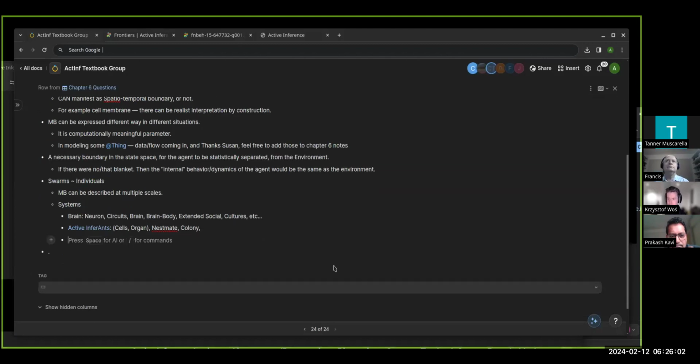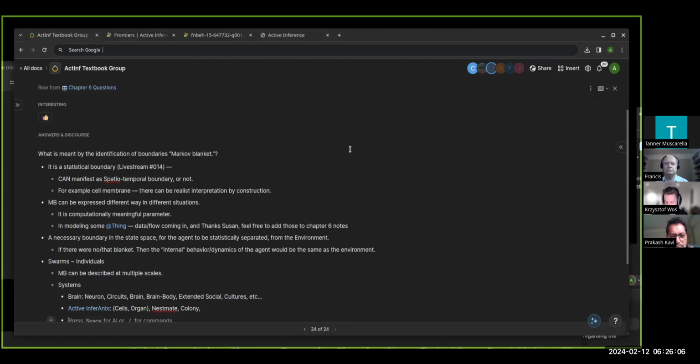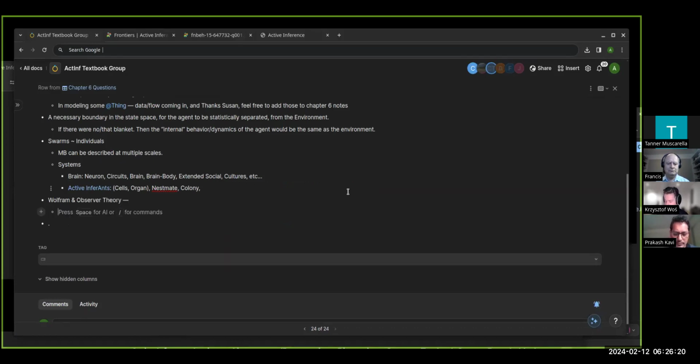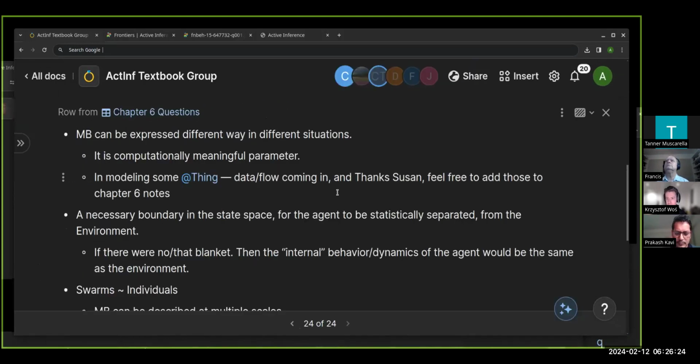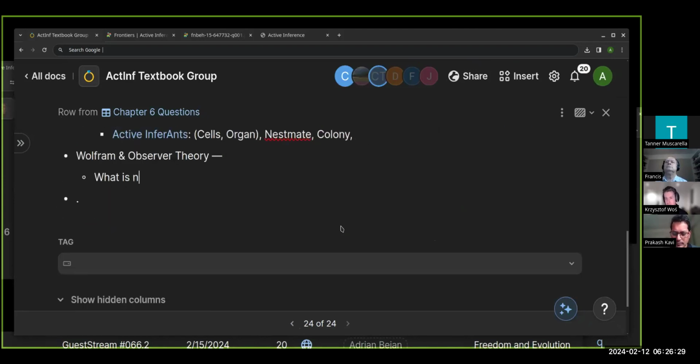I just want to add one thing to the Markov blanket concept. It's a slightly different perspective that comes from something that Stephen Wolfram is working on, observer theory, where he's kind of rediscovering something very similar to active inference, but on a slightly different basis. He talks about what's necessary for something to be an observer, and in some sense, you need to have more computation going on inside the observer than is going on outside, in what is being observed.